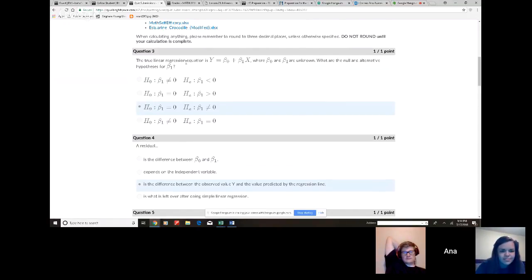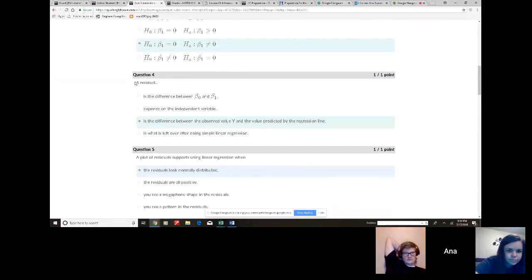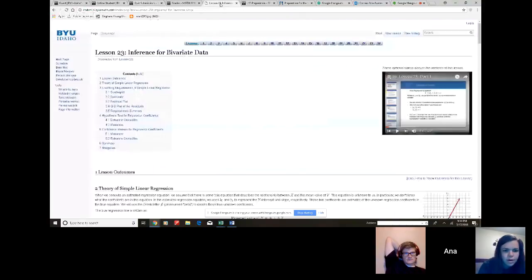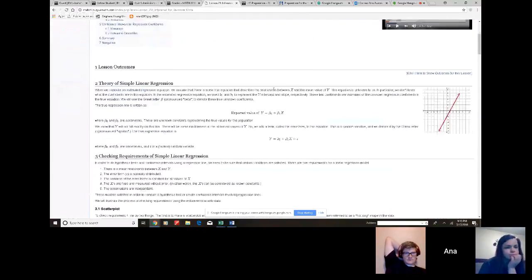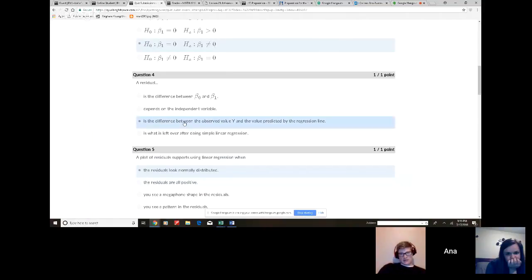Okay, so right here, question 3 is the third option down: no, hypothesis 0. And then number 4, and this is just in the book. A residual is defined as the difference between the observed value of y and the value that would have been predicted by the regression line.